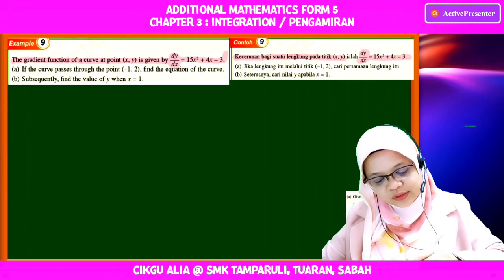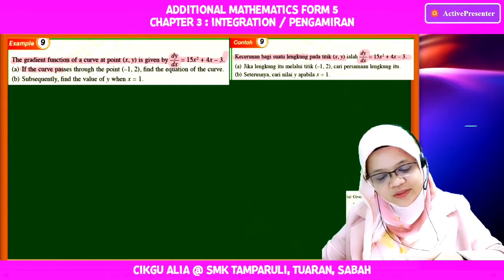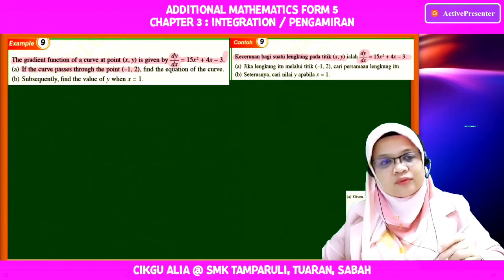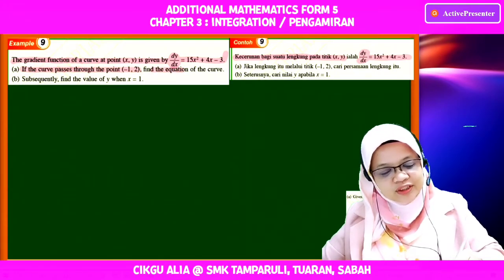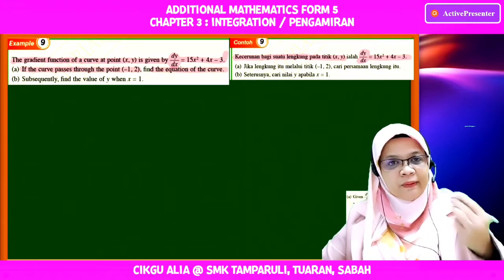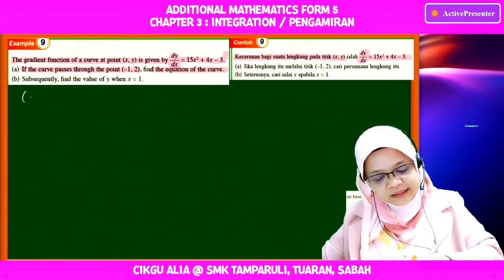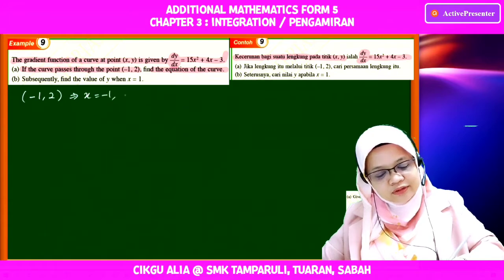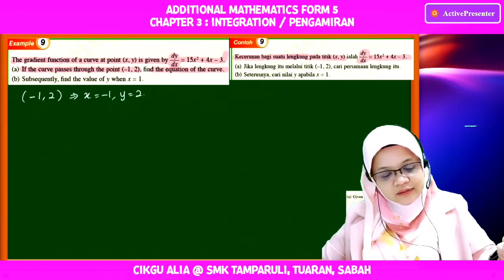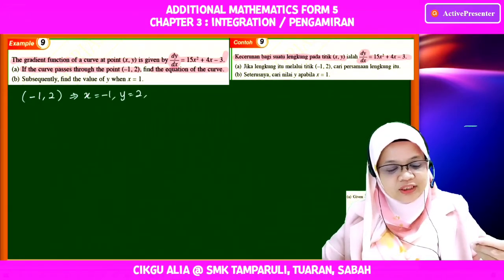Okay, so question A, if the curve passes through the point negative 1, 2. Okay, find the equation of the curve. Okay, apa maksud negative 1, 2? Okay, so actually dia bagi negative 1, 2 ni maksudnya ialah x equals to negative 1 and y equals to 2. Okay, so find the equation of the curve.